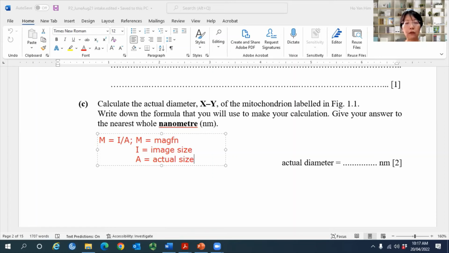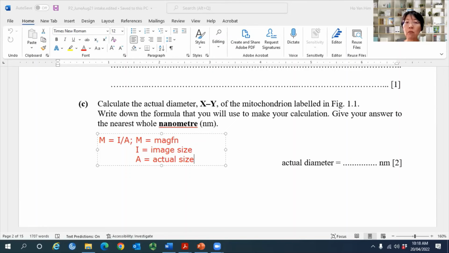You need to spell out fully when you use a symbol, because these are not official symbols, like in physics, the official symbol for mass is M, force is F, acceleration is A, gravitational force is G. These are all called official symbols, but this is not. So you have to spell out fully.